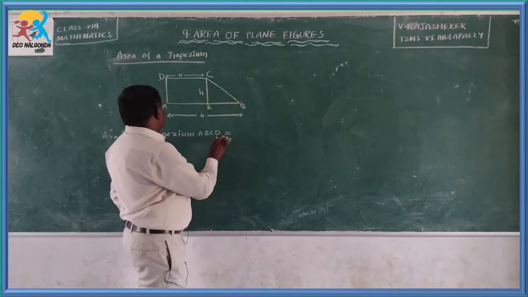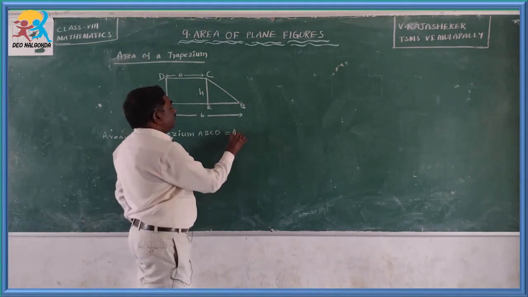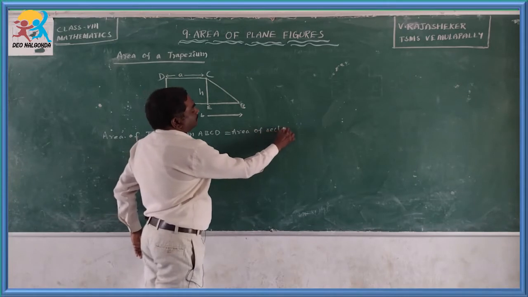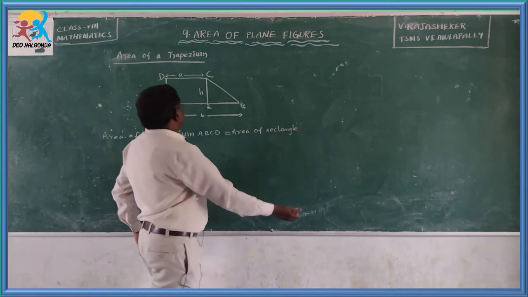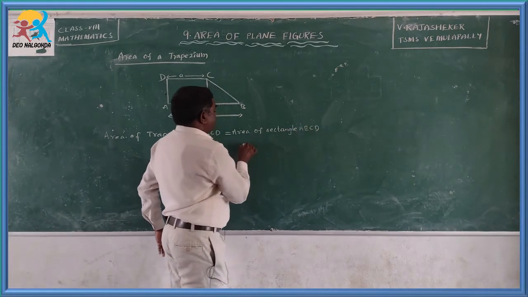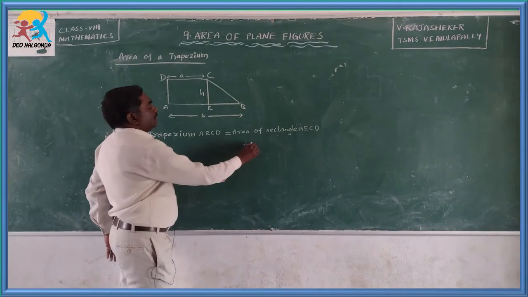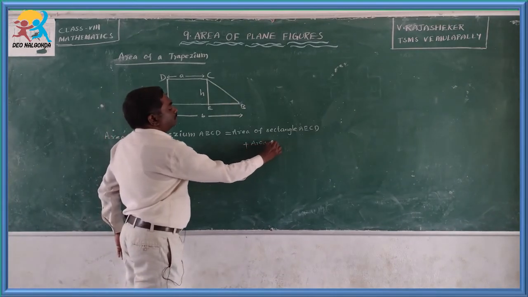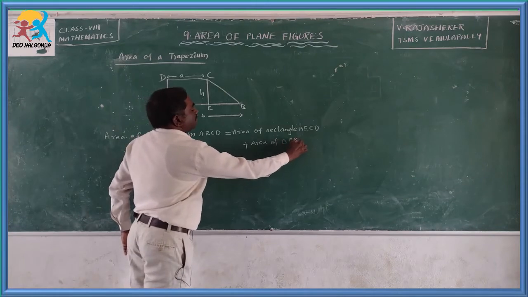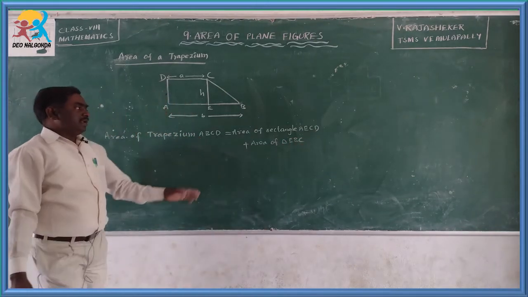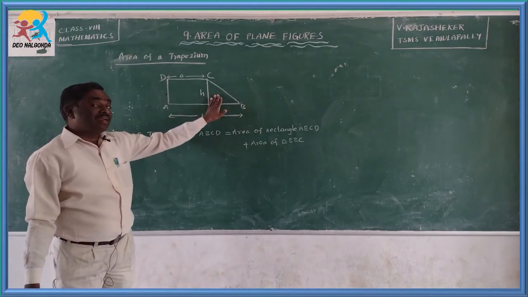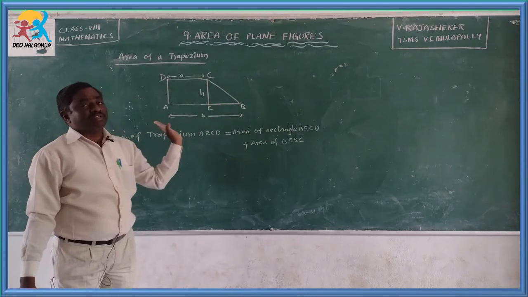So trapezium area is area of rectangle AECD plus area of triangle EBC. So the sum of the rectangle area plus triangle area gives the trapezium area.